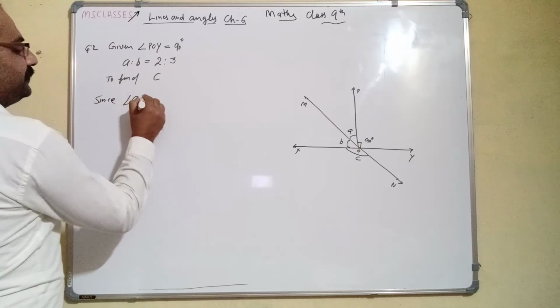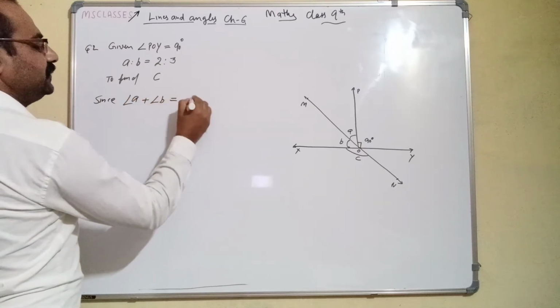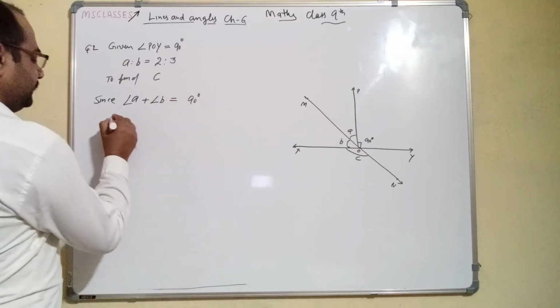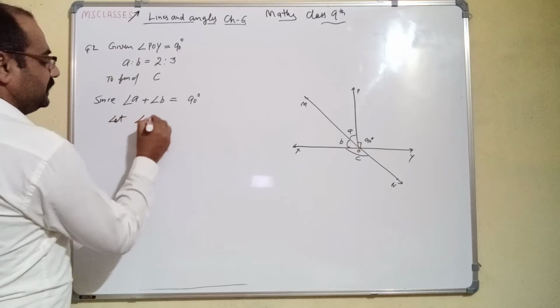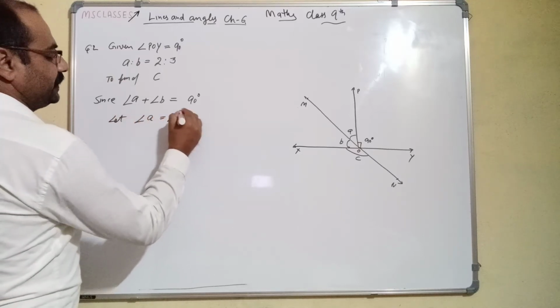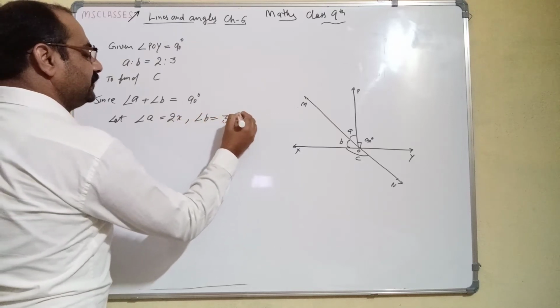angle A plus angle B is equal to 90 degree, right? Let angle A is equal to 2x and angle B is equal to 3x, because this is given.